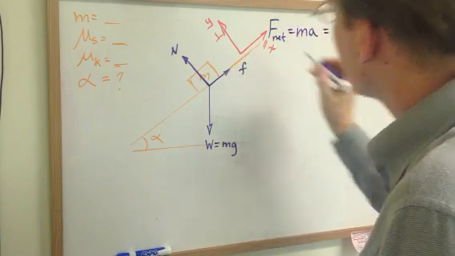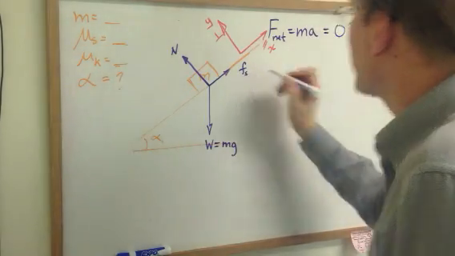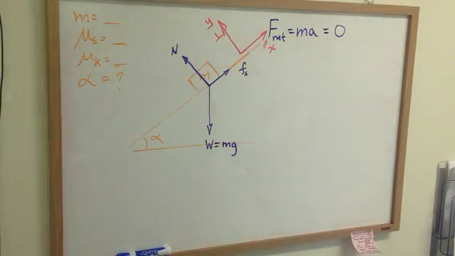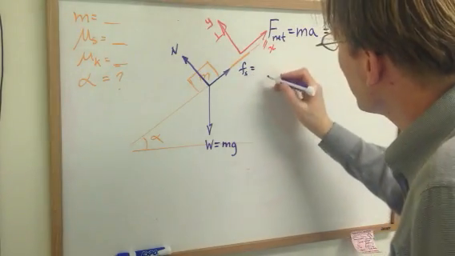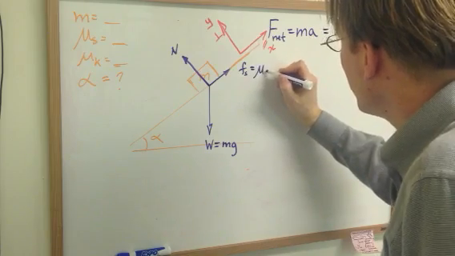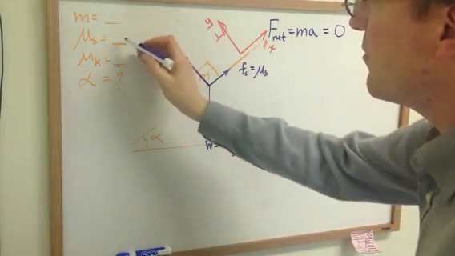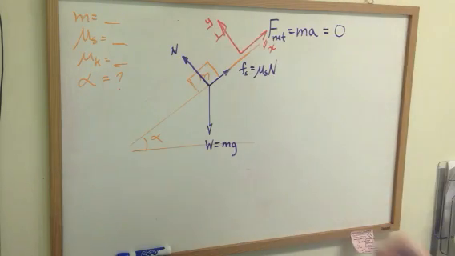So there's a friction. And this is the static friction. It hasn't moved yet. So let's remind ourselves what friction is. Friction is equal to mu, the static mu, which we know, and N, which we don't know.